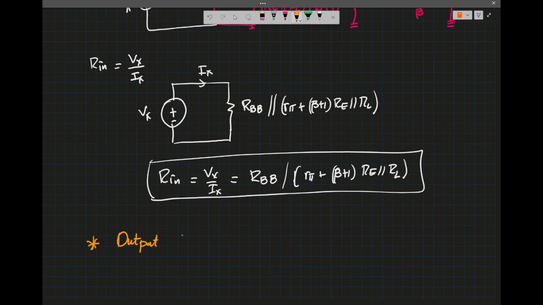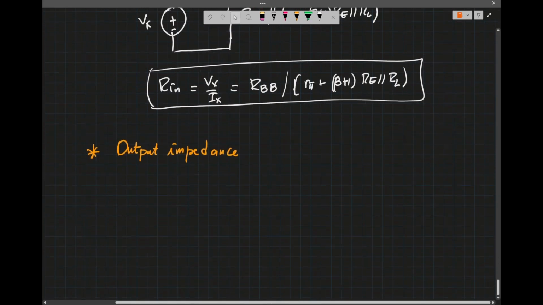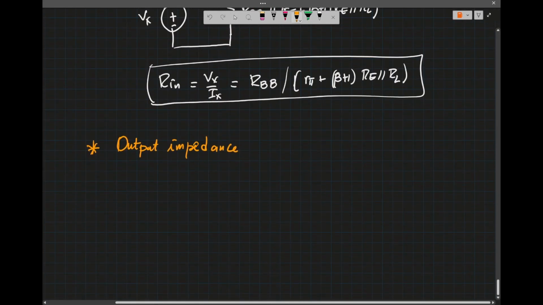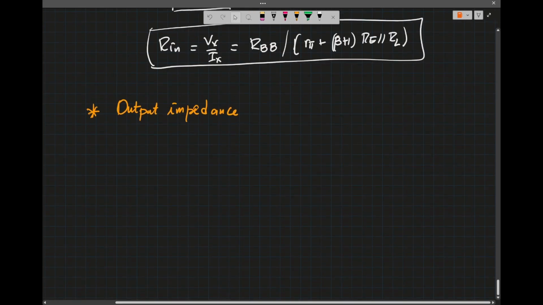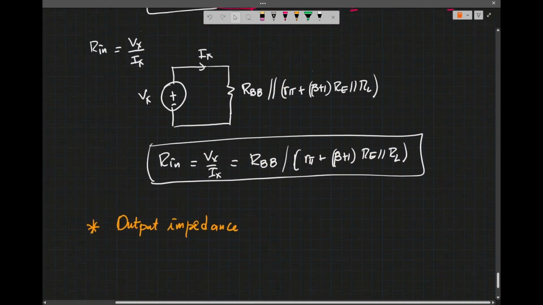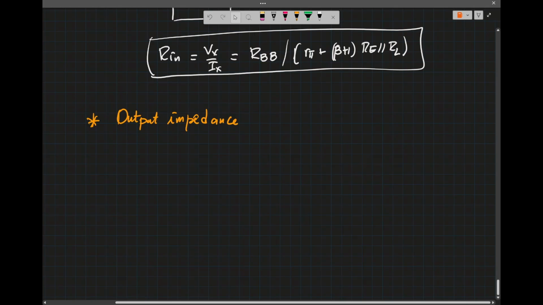Output impedance. For the output impedance, I am going to paste the network here. Alright, so let me draw it.